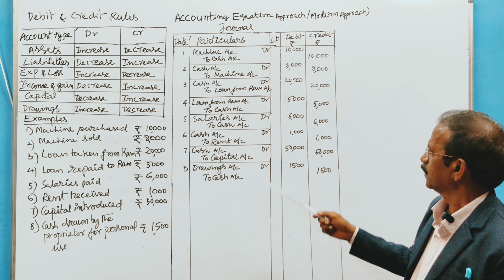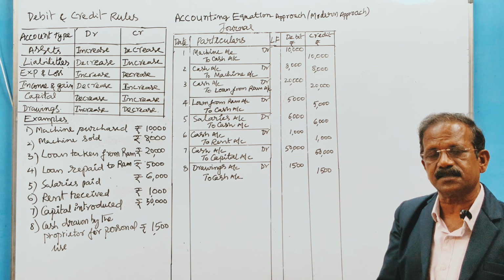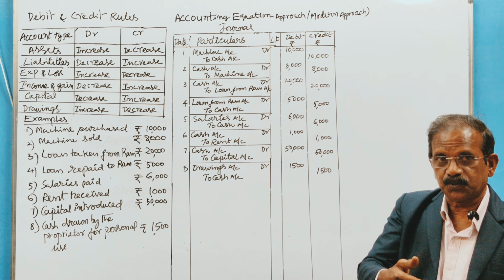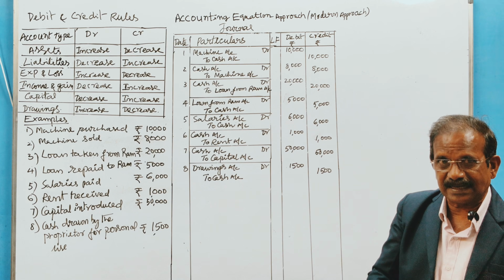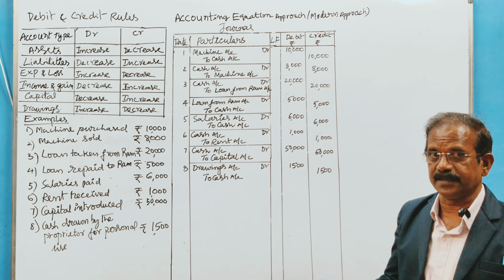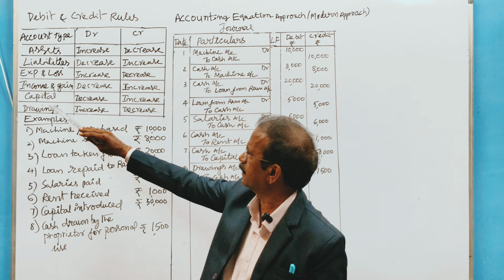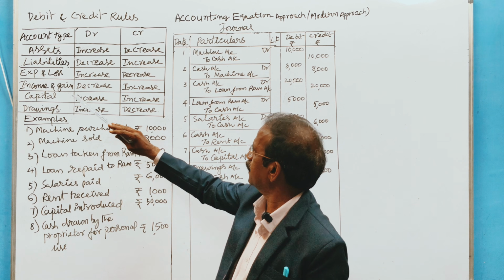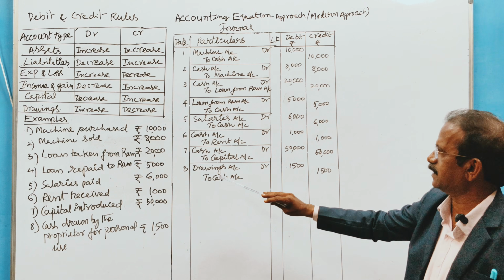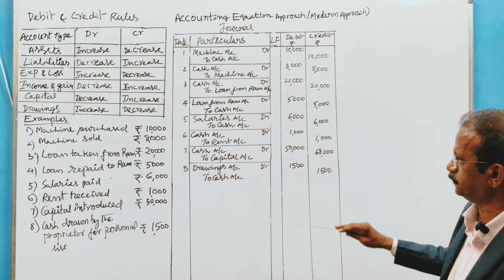At the same time, this is a liability to the firm because afterwards the firm has to pay to this proprietor, to pay means here return that capital. So it is a liability. So liability is increasing. So capital account is credited. In other words, we have separately written a rule here. When capital increase is there, it is to be credited. So clearly the rule says that when capital is introduced, capital account is to be credited.